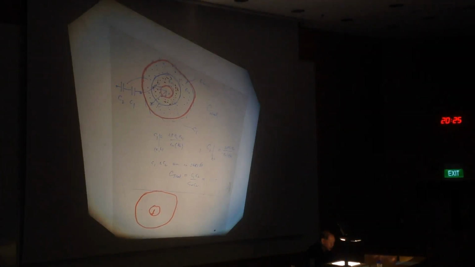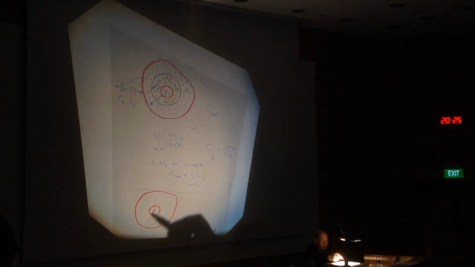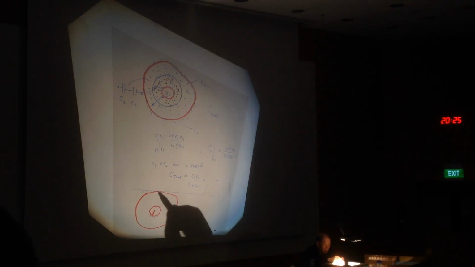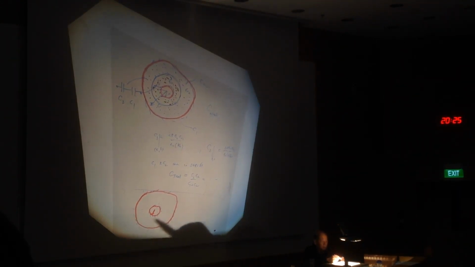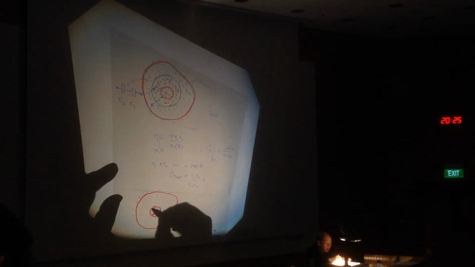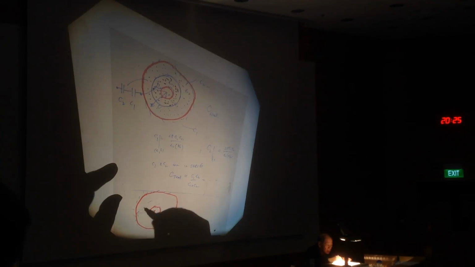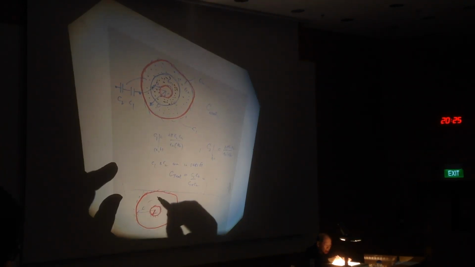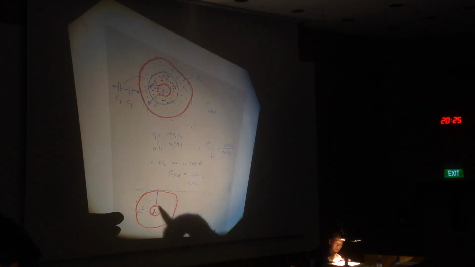The bread is in conductor, as usual. This is A. This is A. This is C. Now my capacitor is missing.